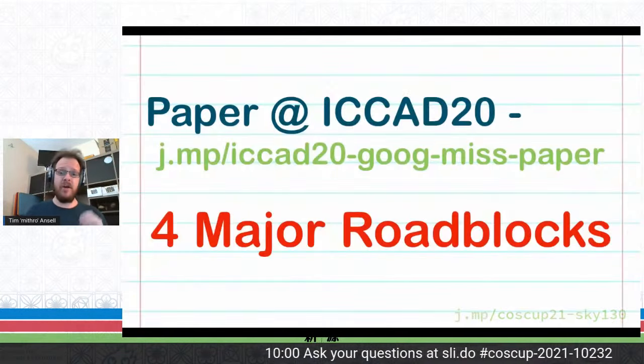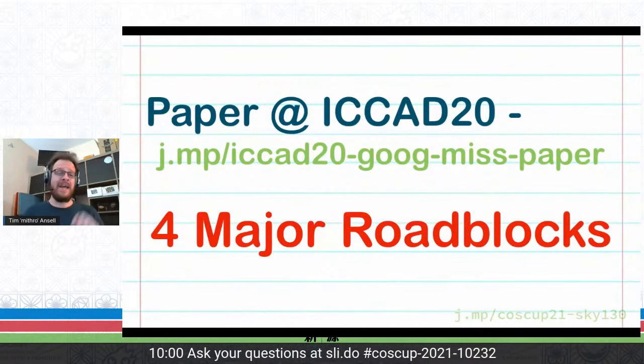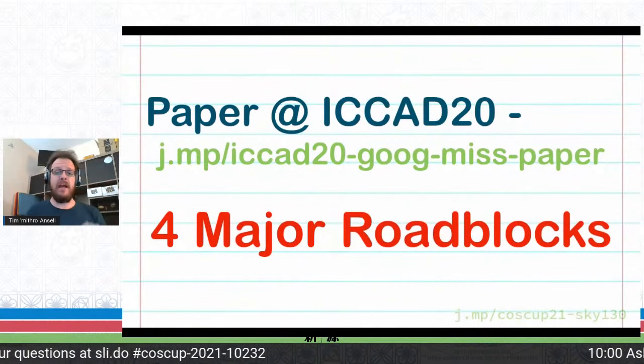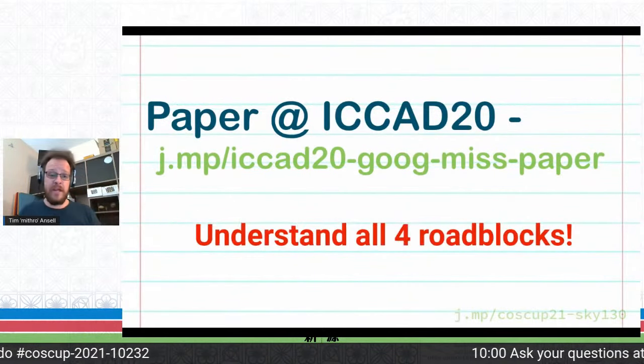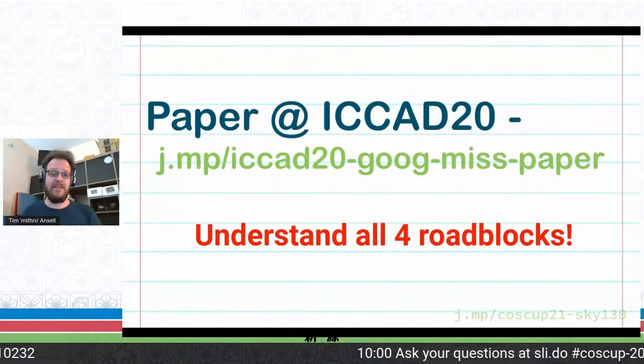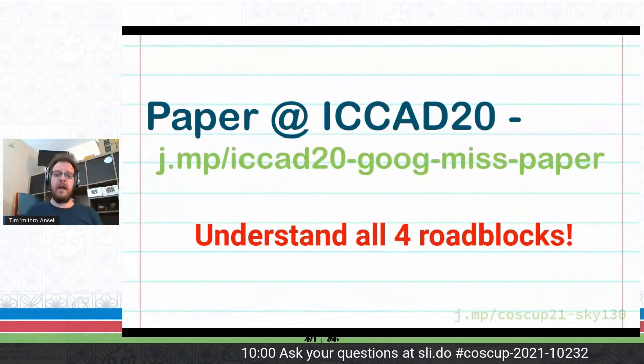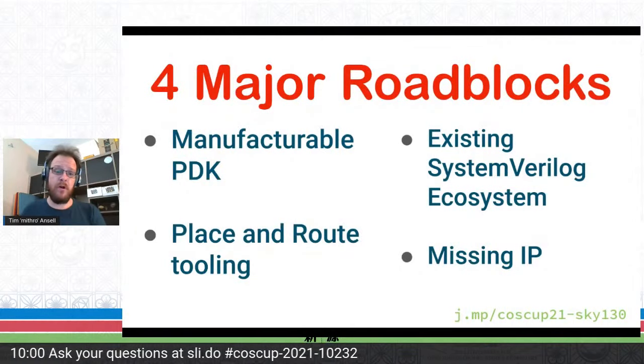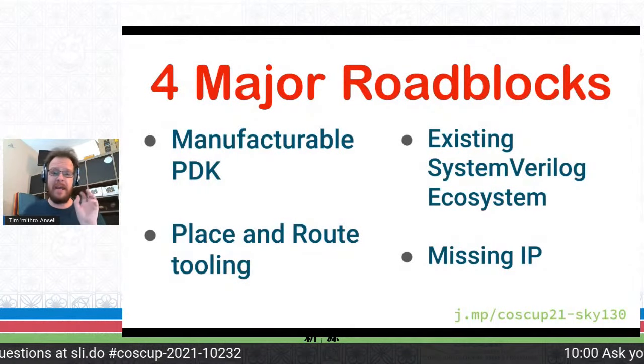But as I said earlier, there are actually 4 major roadblocks that my paper in ICCAD 20 identified. If you go and read that paper, you can understand all 4 roadblocks. But if you look at the other 3 roadblocks, this is what I came up with.